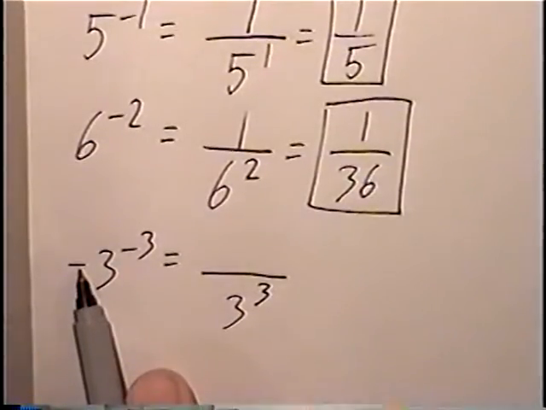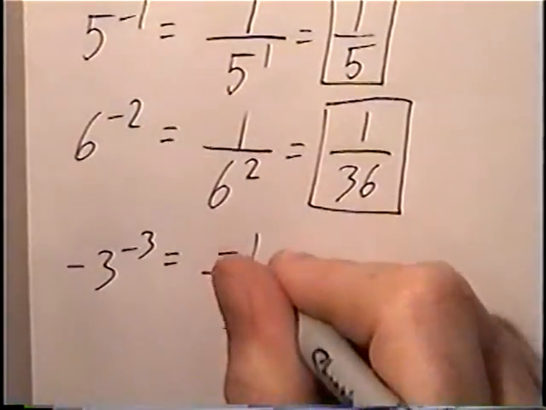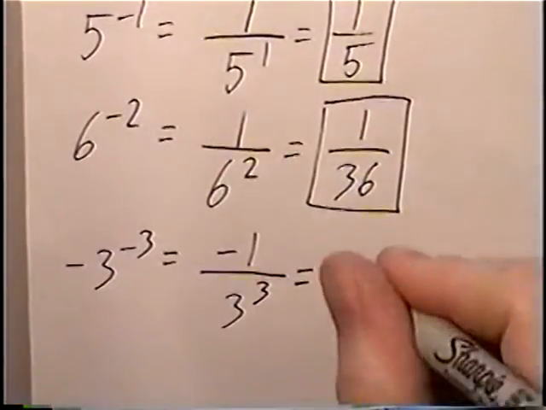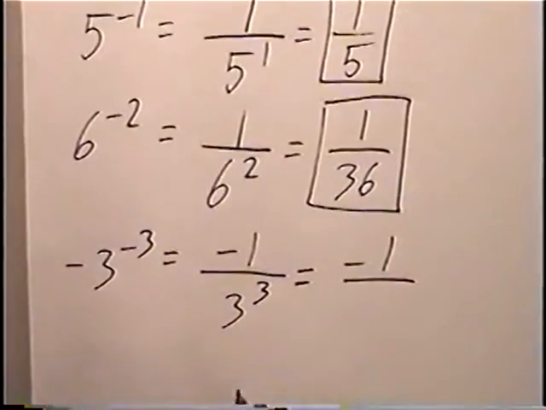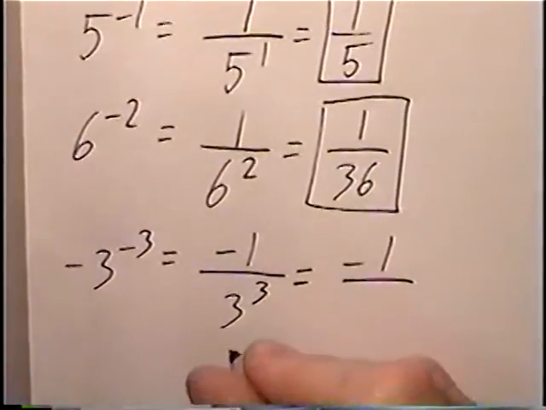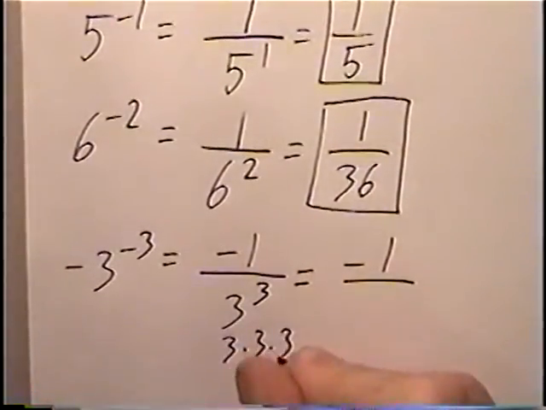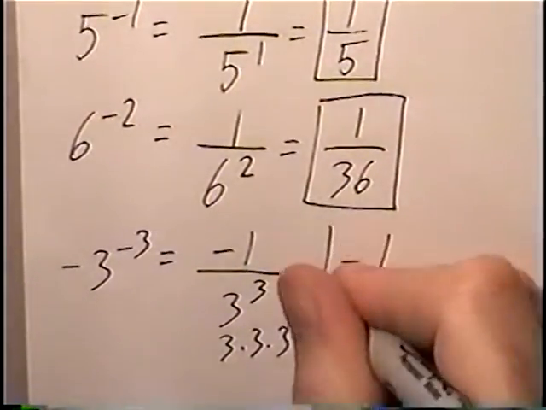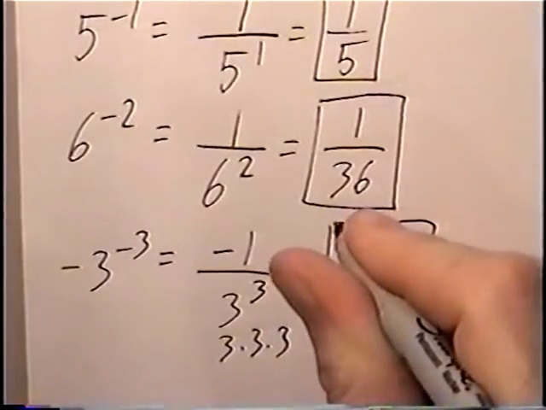The negative that we have left over, we can leave that on top, making it negative 1. And our final answer, negative 1, will stay the same. 3 to the third power would be 3 times 3 times 3, which would be 27. So our final answer is negative 1 over 27.